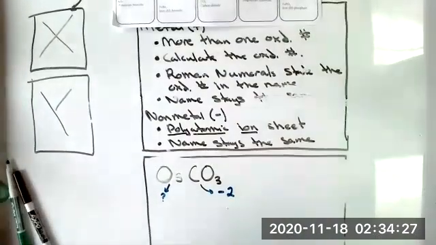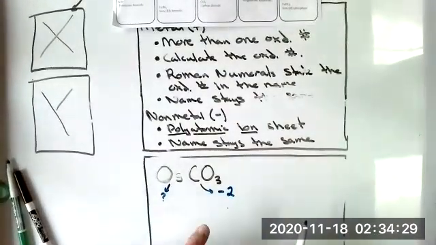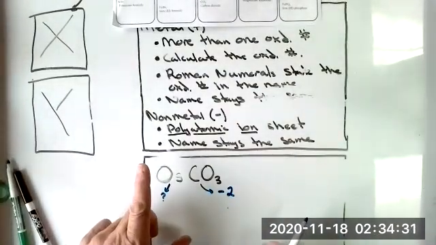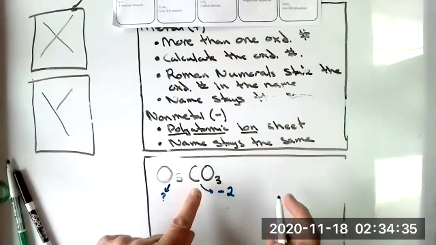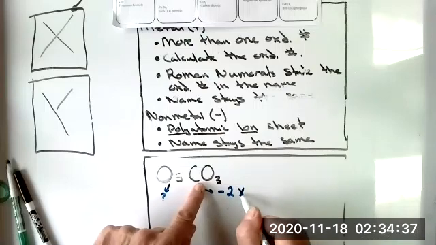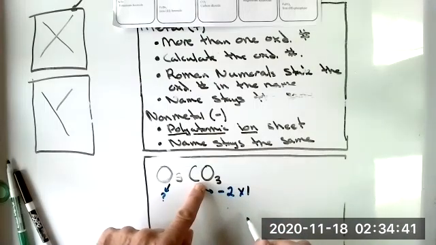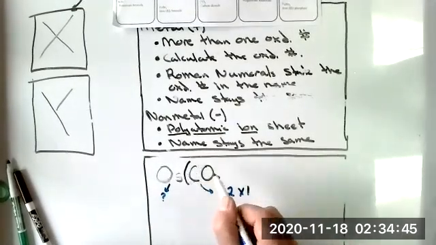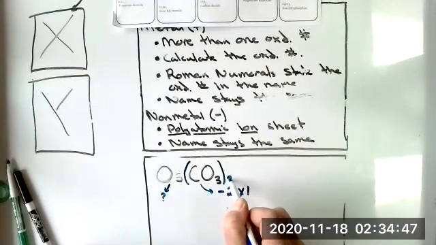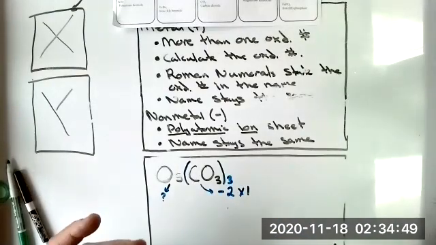Oh, here's where all-important topic 9 comes in. You better be very careful. I don't see parentheses, which tells me there's only one of these CO3s. Some of you probably put 3. For you to say there's 3 of them, you would have to see this. We don't have parentheses.